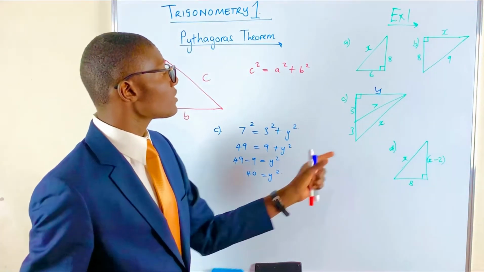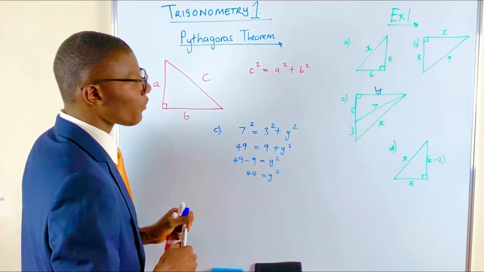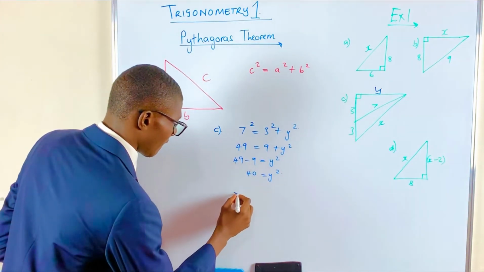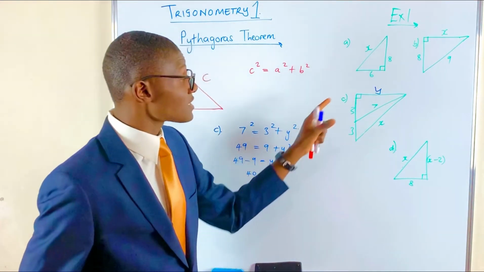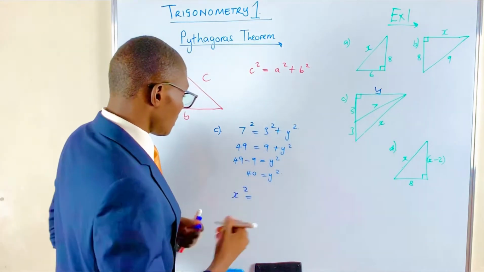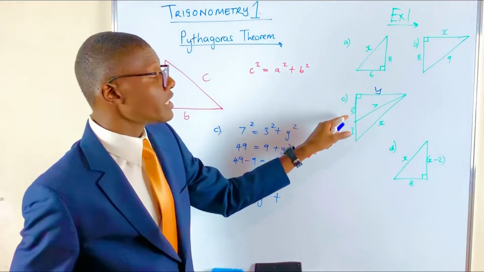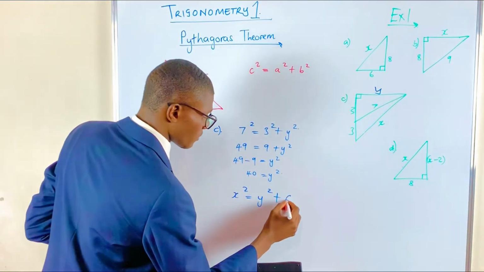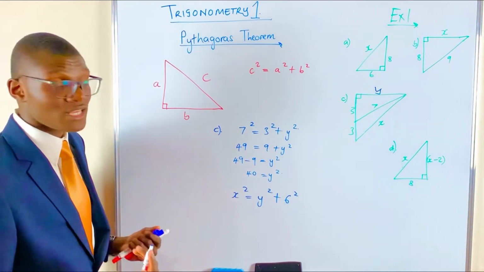Why? Because we know that when we're dealing with this bigger triangle, the hypotenuse side x squared is equal to the sum of the squares of the other two sides. So x squared will be equal to y squared plus, 3 plus 3, we get a 6. So this total length is 6, so plus 6 squared. And this y squared is 40.